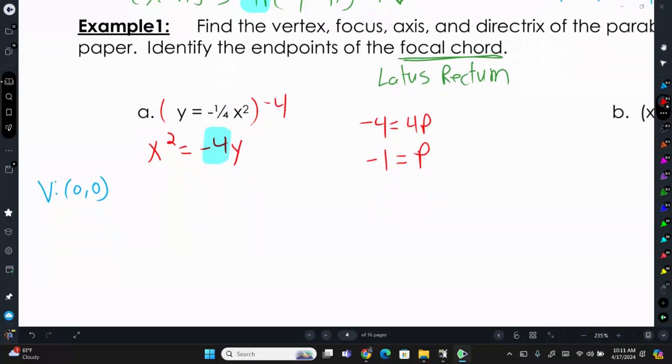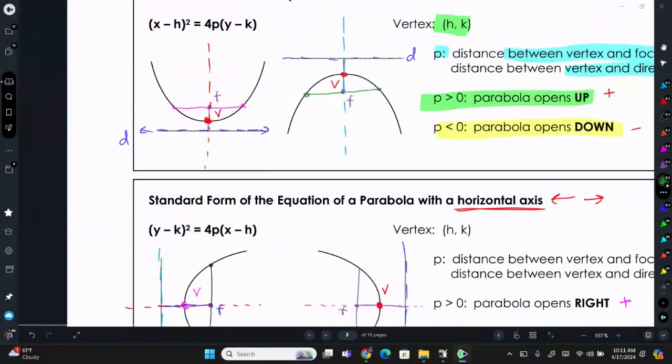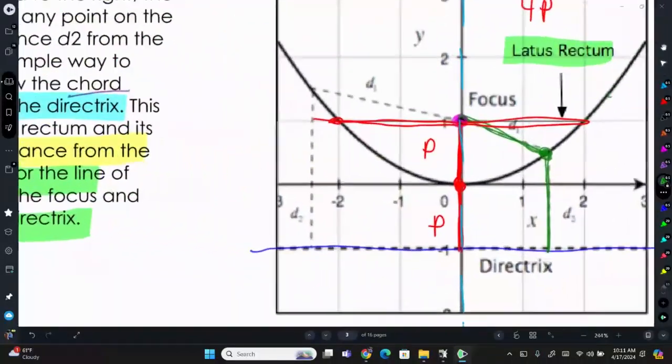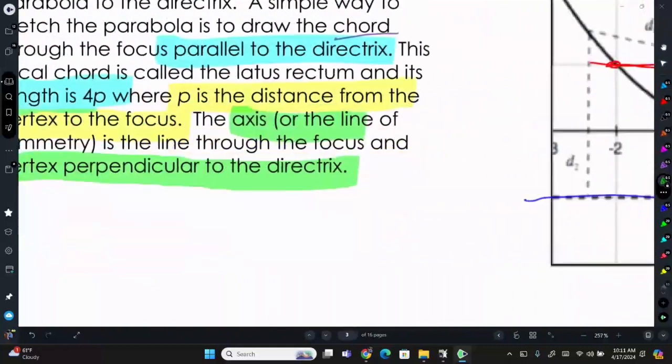Now, because p is negative, that means it opens down. And that 1 tells us what that p value is, so we can apply that up here where we know the focus and the directrix are 1 unit away.